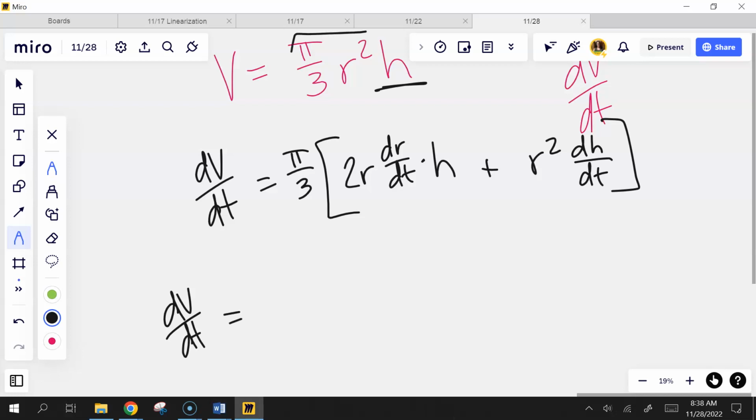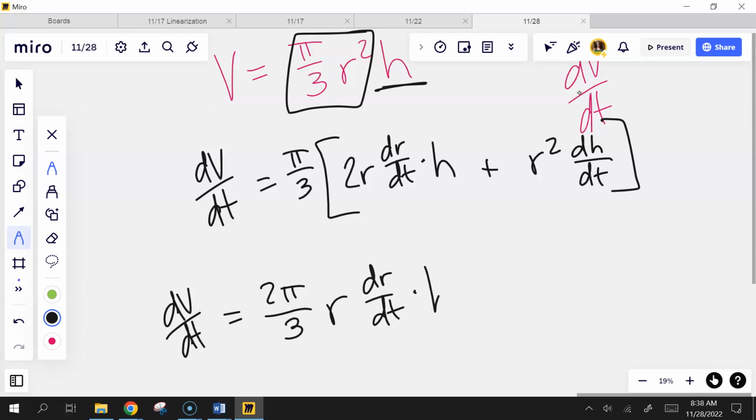So you'd have the derivative of the first, which would be 2 pi over 3 r dr/dt times the second, plus the first, which is pi over 3 r squared times the derivative of the second, which is dh/dt. So what you got? Good.